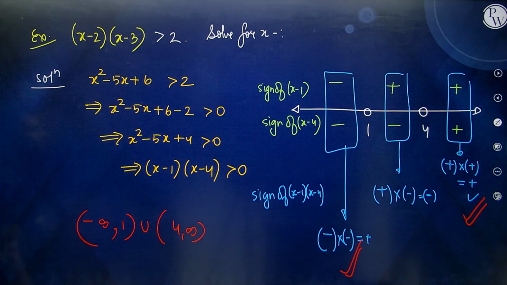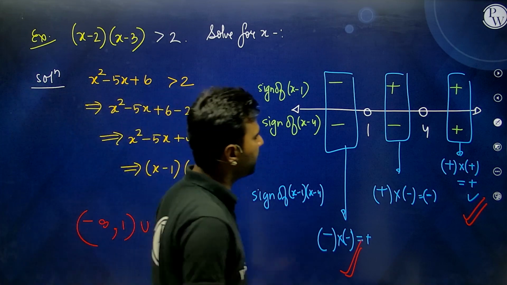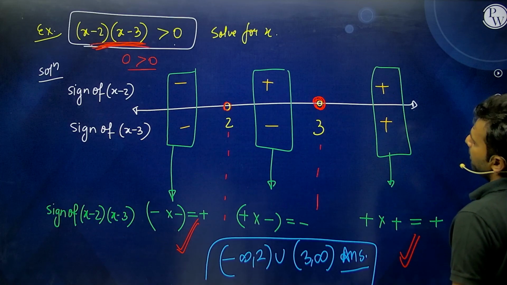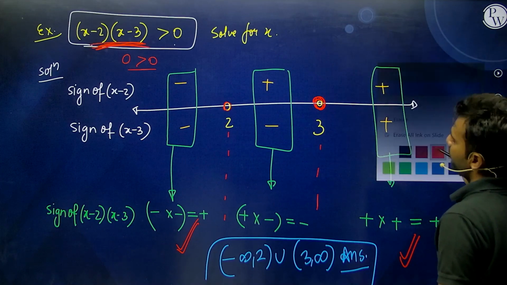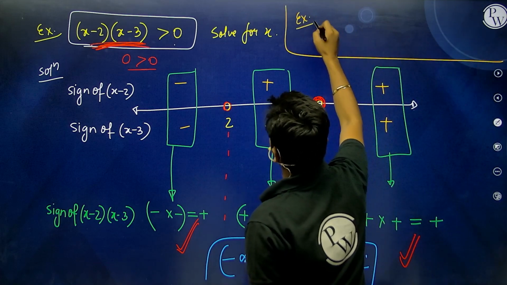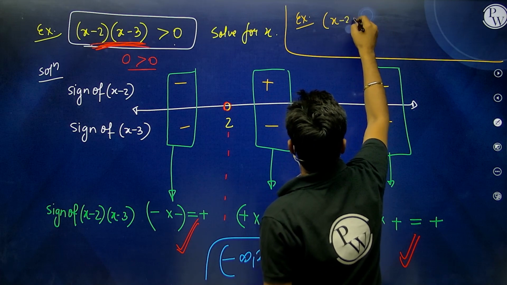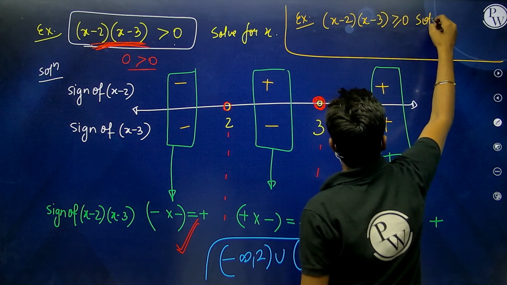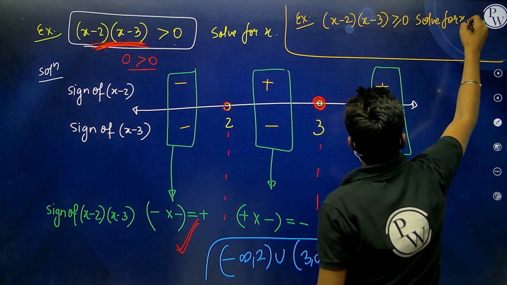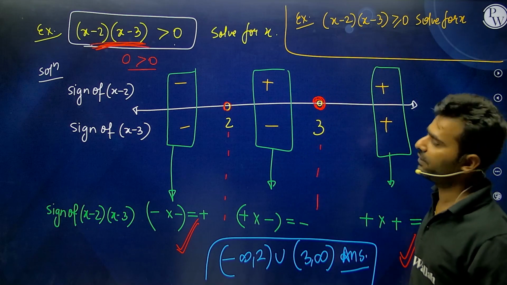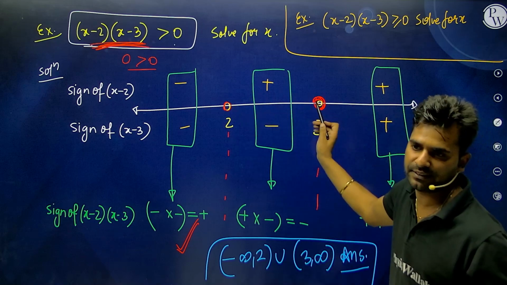Understood everyone? Any difficulty? If I give you a problem like this, let's say x minus 2 times x minus 3 is greater than or equal to 0, solve for x. In that case only one change will happen: x equal to 2 and x equal to 3, these 2 points will also be our answers.